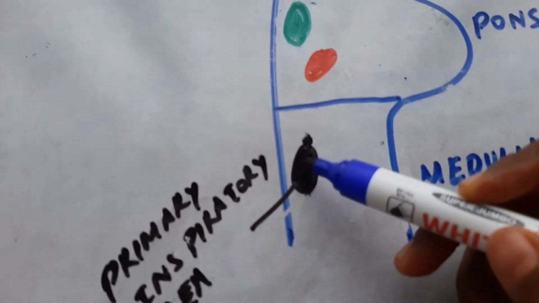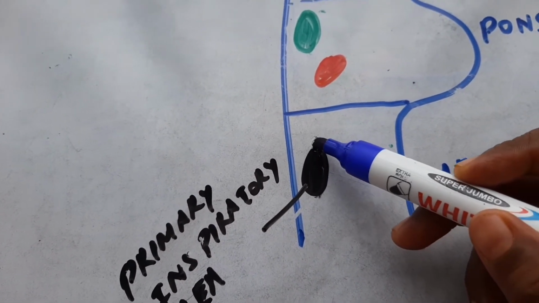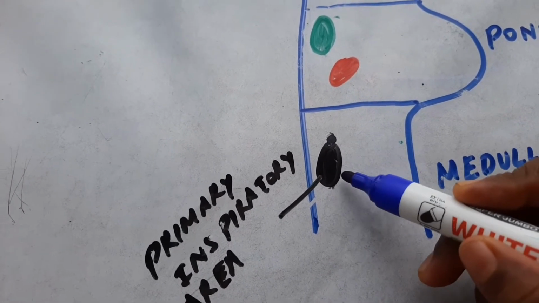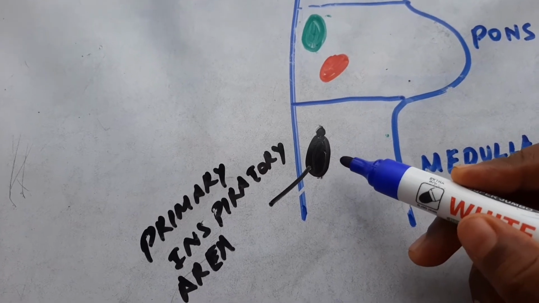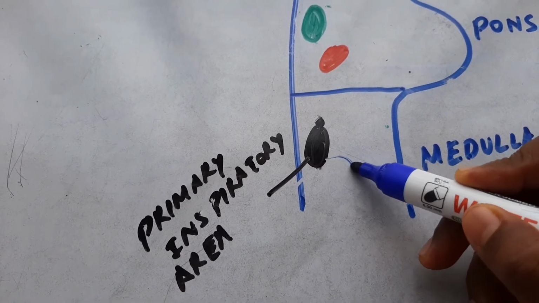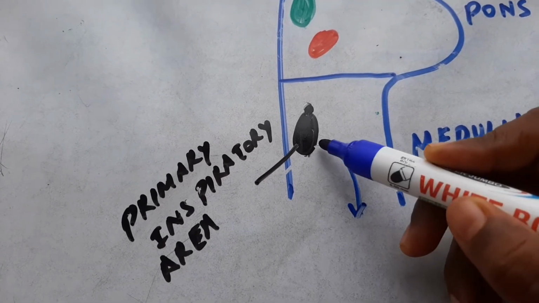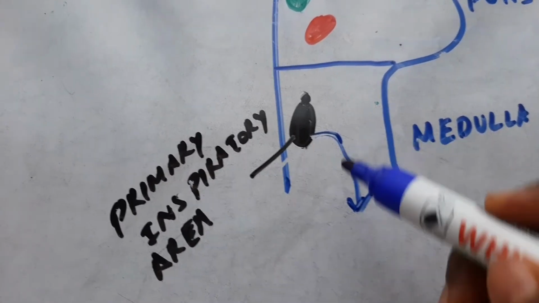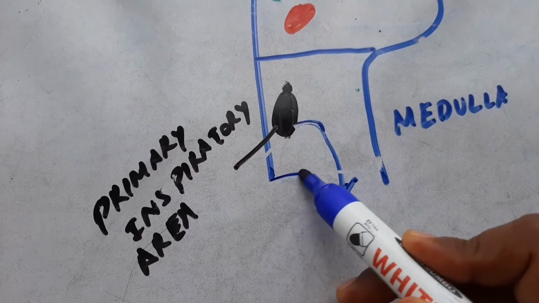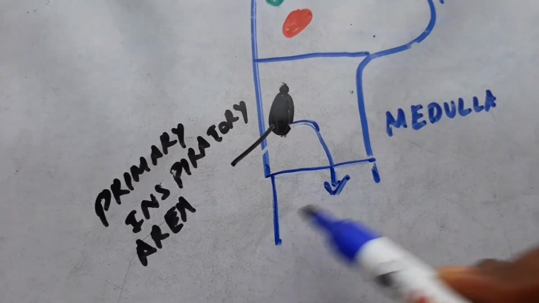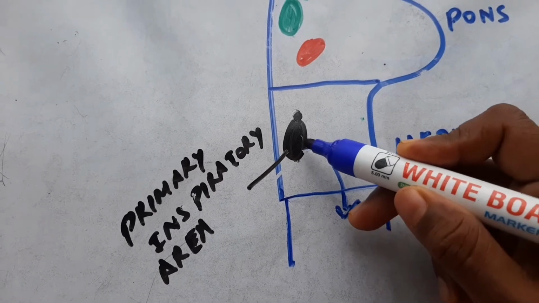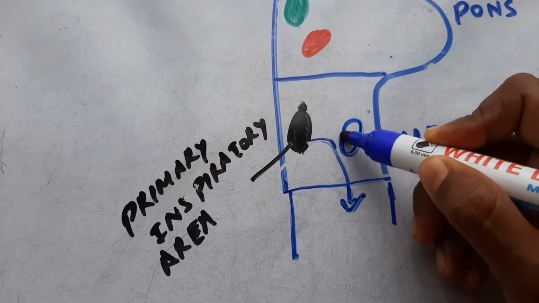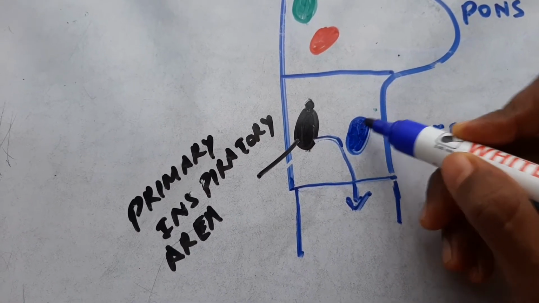The respiratory rhythm center present in this medulla generally regulates the normal inspiration or the normal breathing process. So it is not affected by the increase or the decrease in the carbon dioxide concentration or the pH. It has no impact on it. It generally regulates the normal rhythm of the inspiration here in this rhythm center.